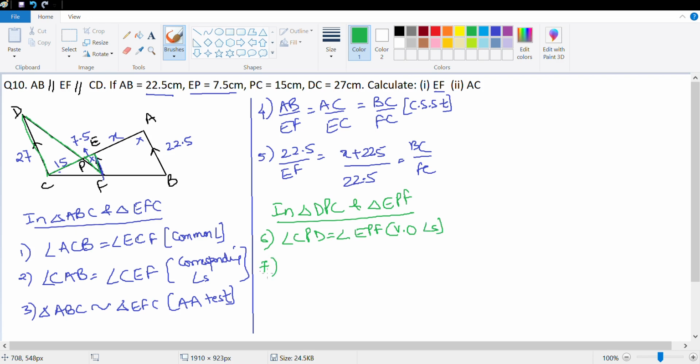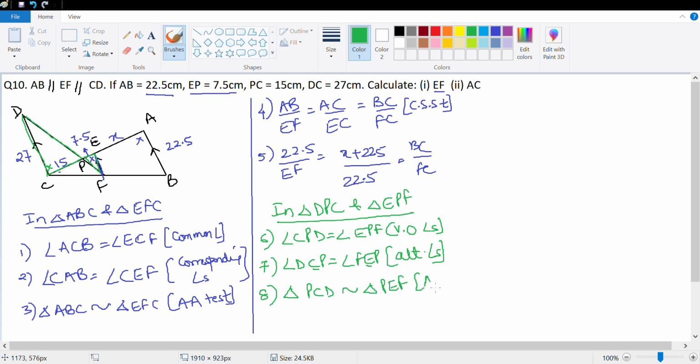And then the next part would be angle C here and angle E here would be equal because these are alternate angles. So angle DCP would be equal to angle FEP. These are alternate angles. So angle C and angle E are equal, which means triangle PCD is similar to triangle PEF.